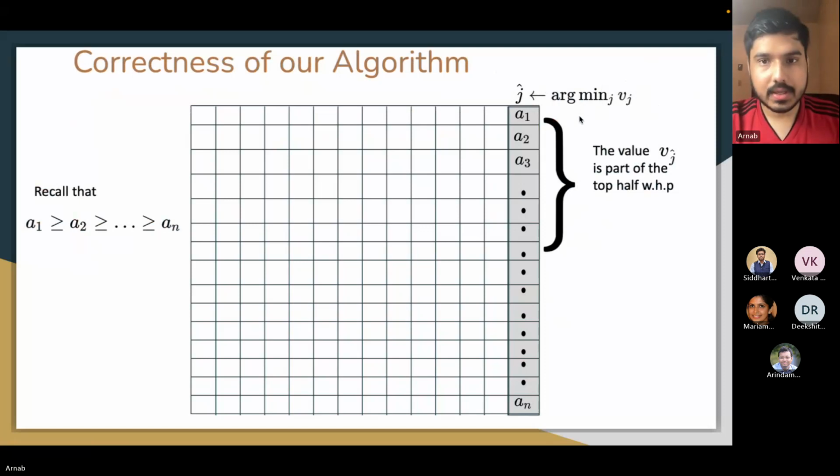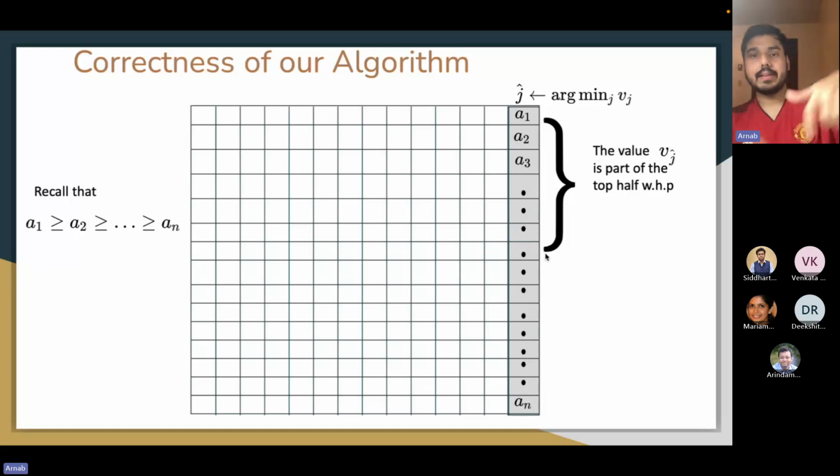Now, if you look at the value vj hat, some entry of that column j hat corresponds to that value. So with very high probability, this vj hat will belong to the top half. You can just do the math.